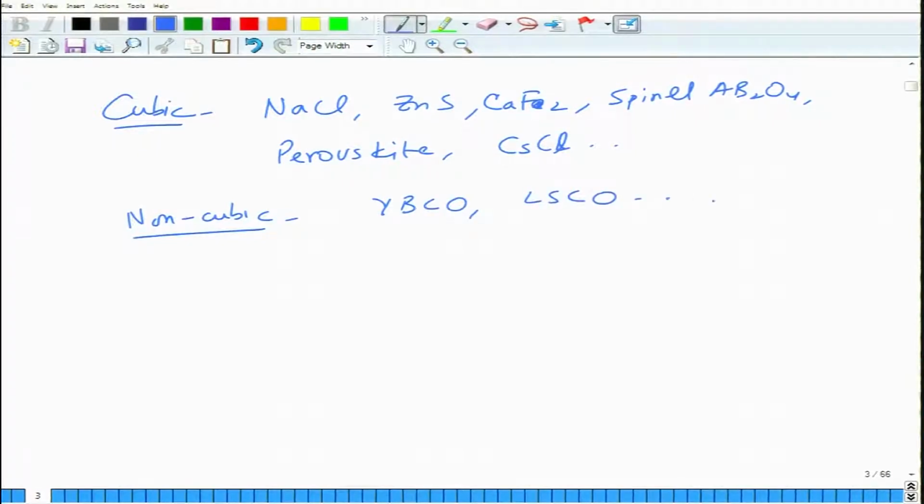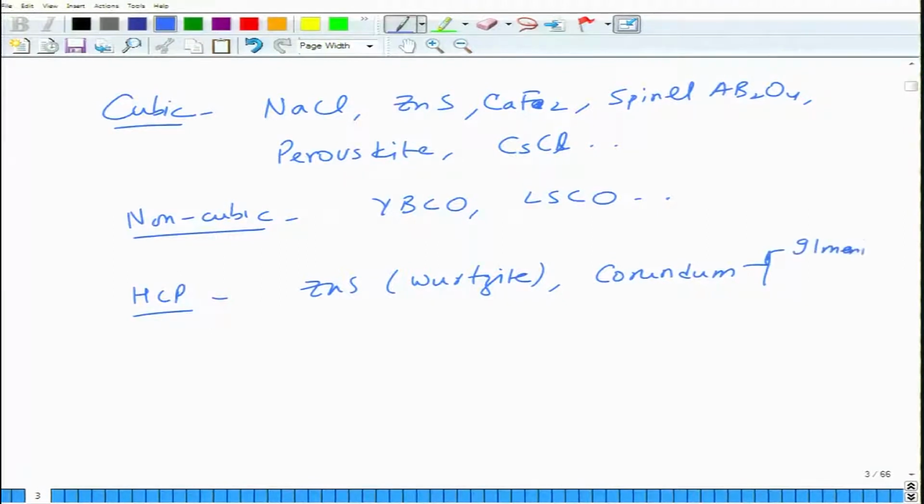These compounds make tetragonal or orthorhombic unit cells, and within this unit cell there are perovskite units or sodium chloride units. Finally we looked at HCP structures, starting with the zinc sulfide based wurtzite structure, then corundum based structures, and derivatives of corundum such as ilmenite and lithium niobate. And then we looked at the rutile structure. These were the very common structures that you come across in ionic solids.